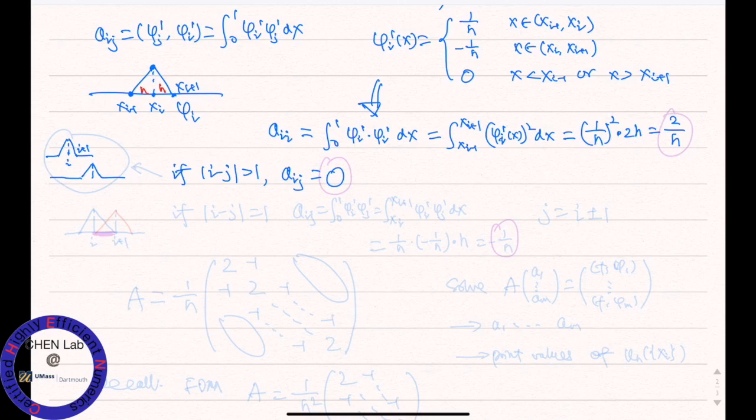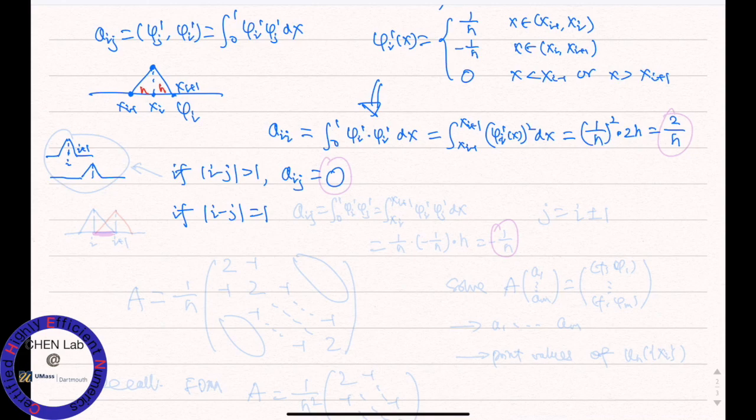The only other case is when they differ by exactly 1. Since i and j are integers, either they are the same, or the difference is equal to 1, or it is larger than 1.